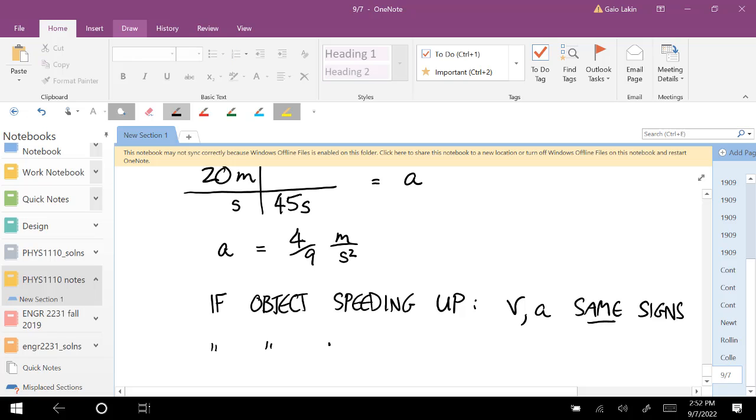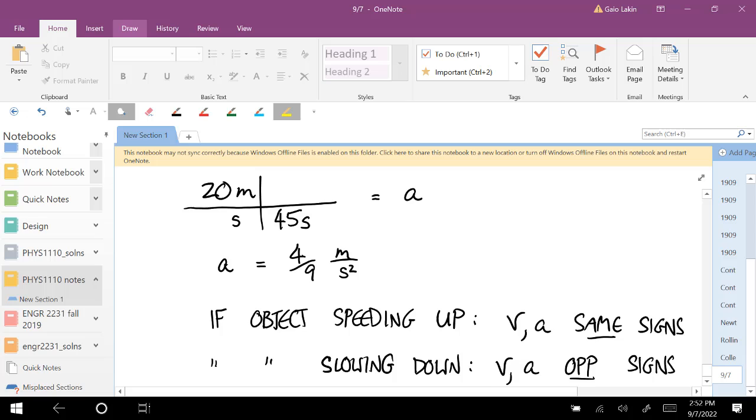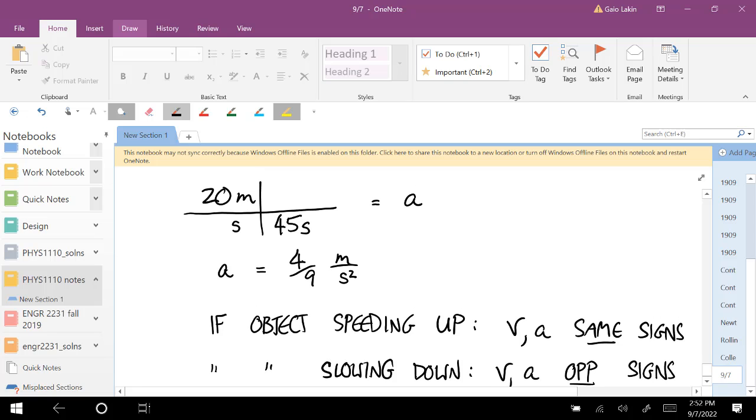If an object is slowing down, then velocity and acceleration have opposite signs. So does it make sense in this case that our acceleration is positive?